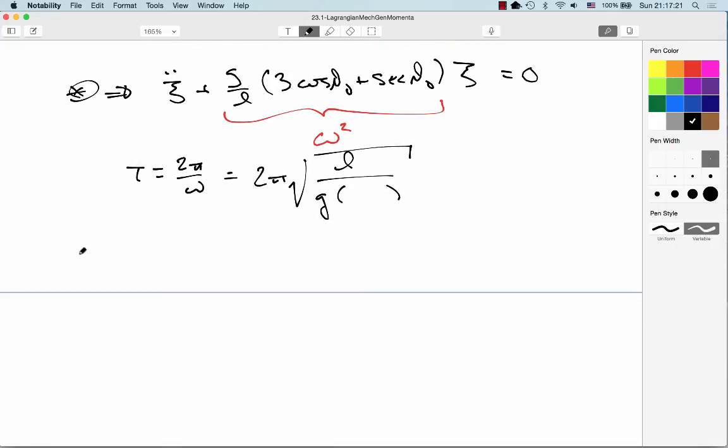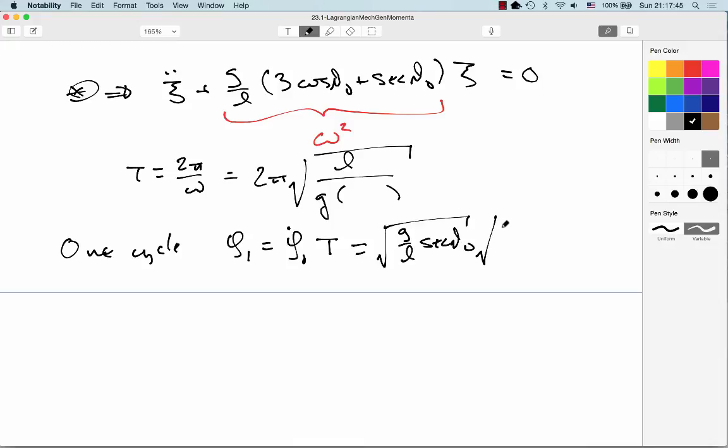So in one cycle, our phi after one cycle will be equal to our phi naught dot times the period. So we worked out that our phi naught dot was g over L secant theta naught. Okay, and then this is L over g, 3 cos theta naught plus secant theta naught. Hey, all right, cancel, cancel, cancel, cancel.